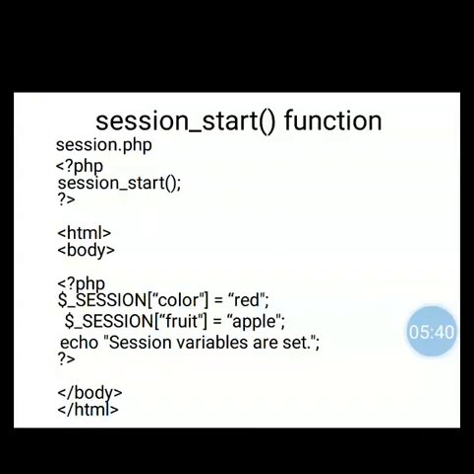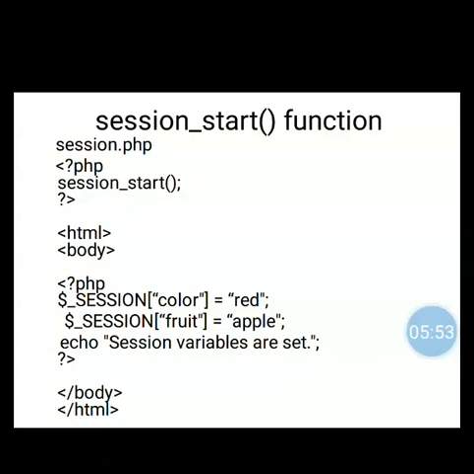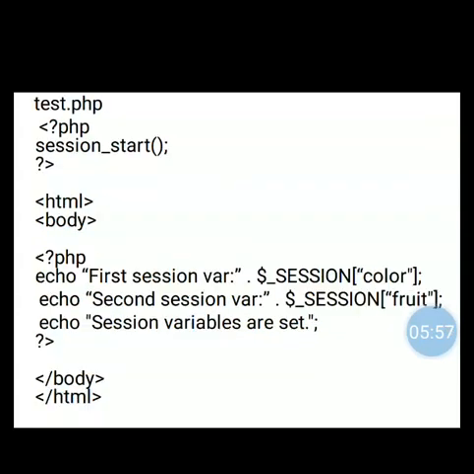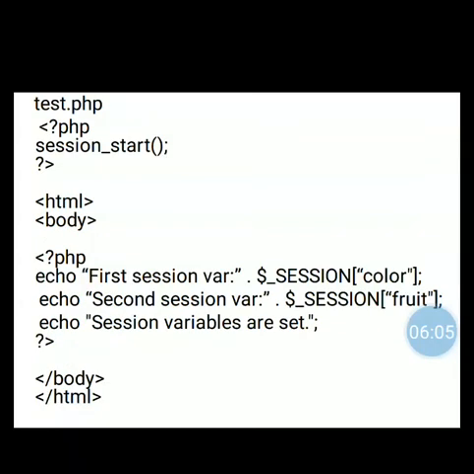So the session variables that we have set in the page session.php, we can access in the page test.php. So the user data is accessible across multiple pages in this way. Now from where are all of the variables accessed on the other page?